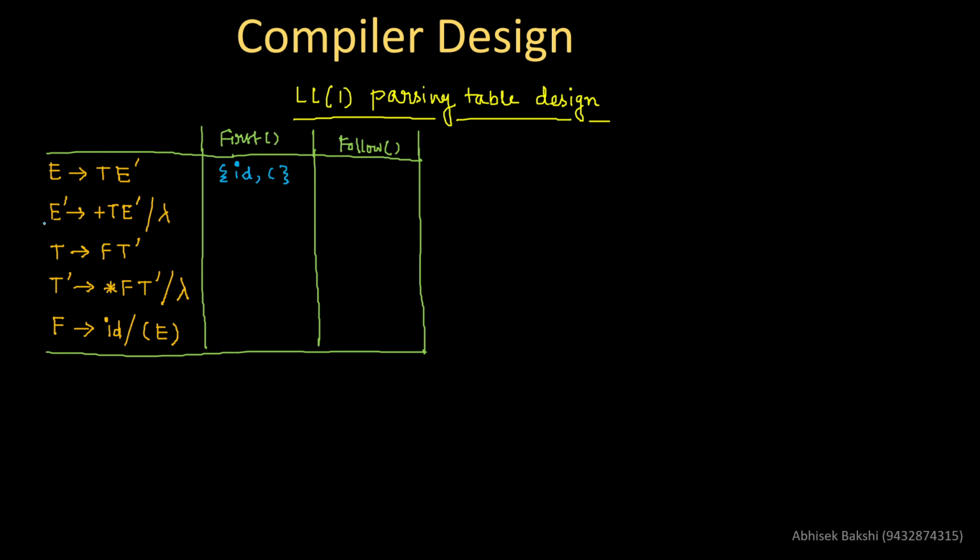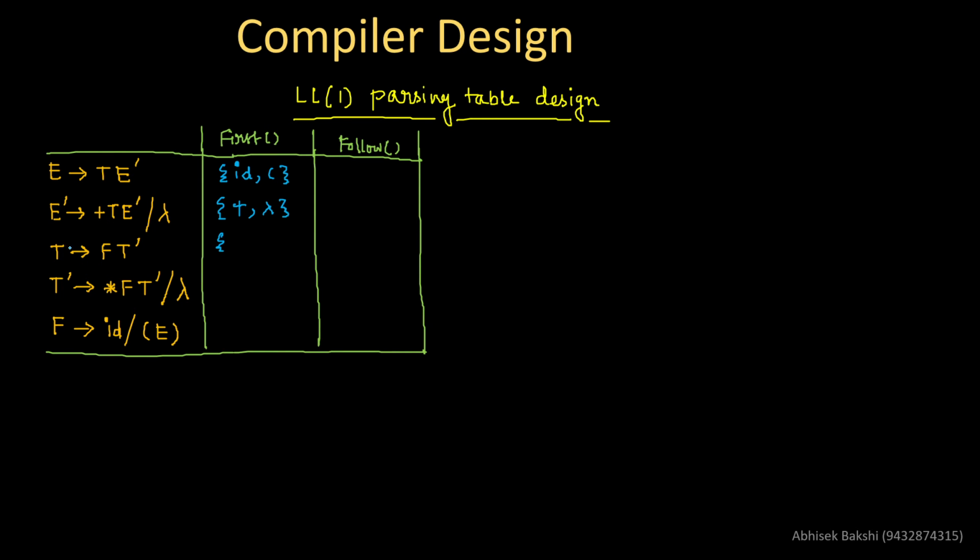Similarly, first of E dash can be plus and it can be lambda also. We have already seen in the previous class that the first function can contain lambda or epsilon. So plus and lambda. Then what is first of T?